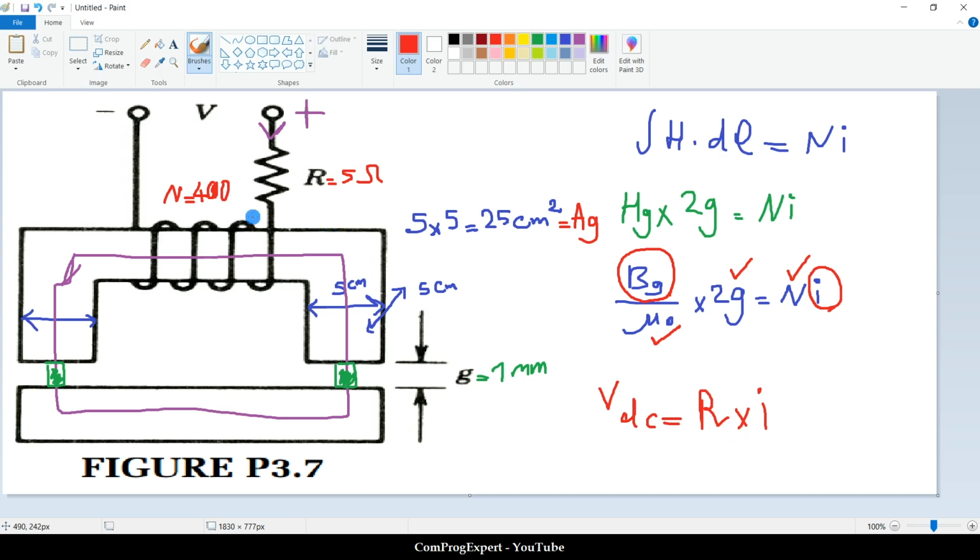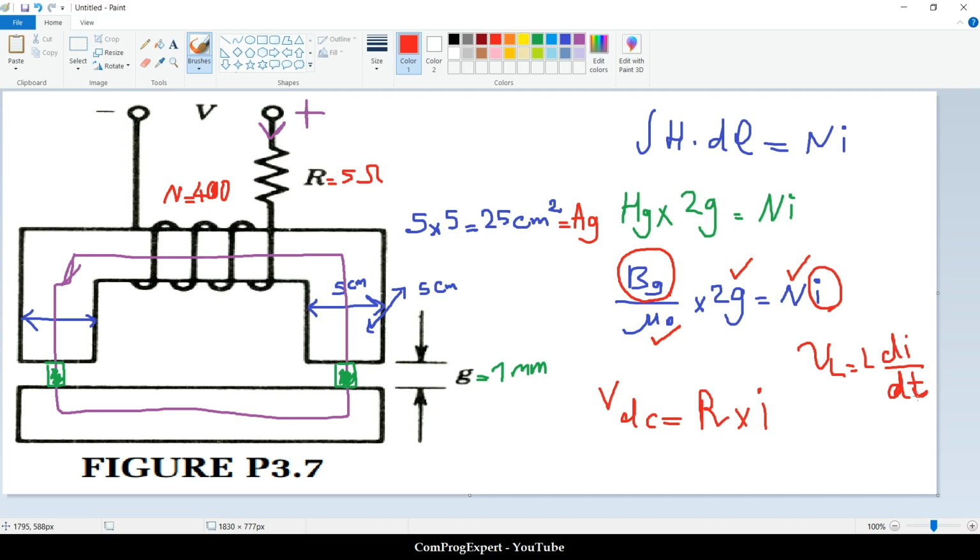We don't have any voltage drop on this inductor in a steady state case, not transient. You know that the voltage drop on an inductor is L di/dt. So when we have DC current, we don't have any voltage drop.